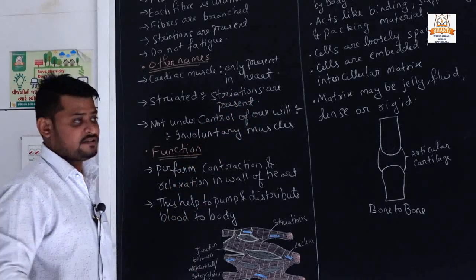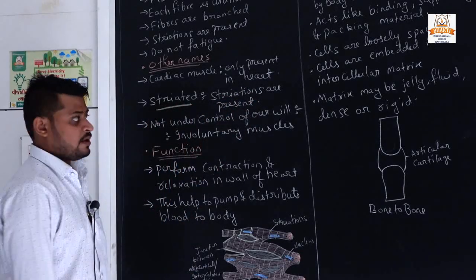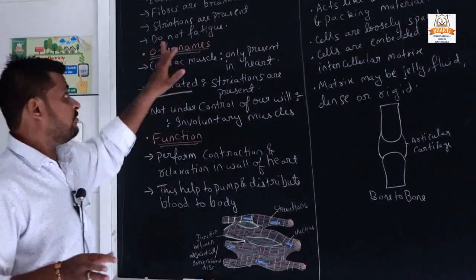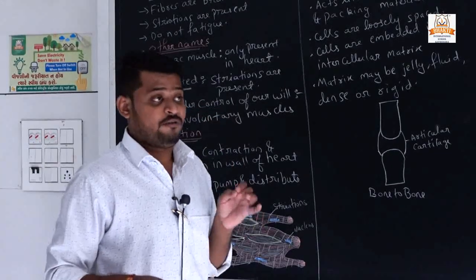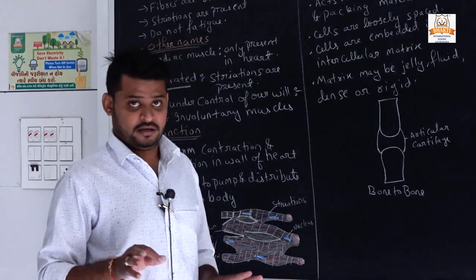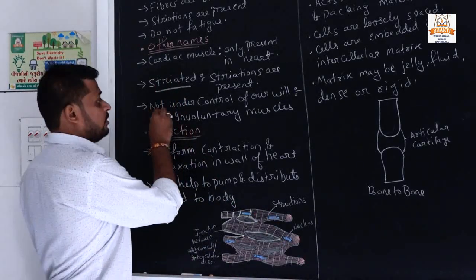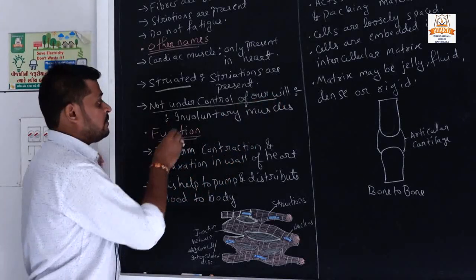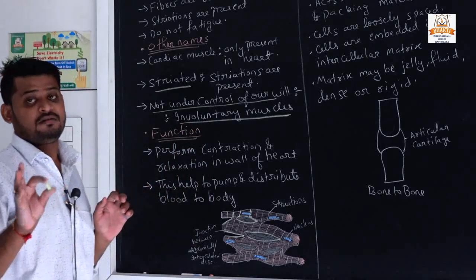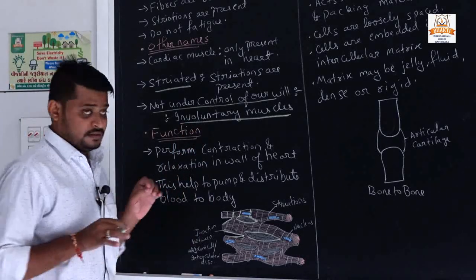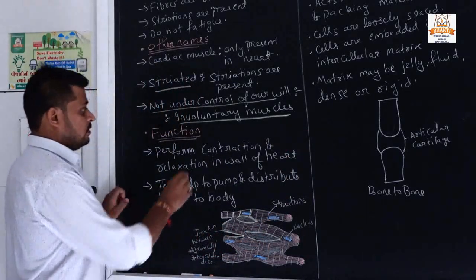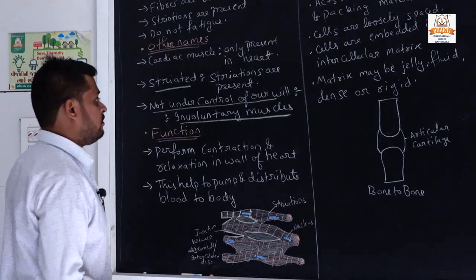Striations are present, that's why it is called striated. Not under control of our will: I told you they do not fatigue, which means if I want to control our cardiac muscles, I am not able to. That's why it is written not under control of our will. So the third name is involuntary muscles. What is involuntary? They are not in our control. That type of muscle is called involuntary muscle.